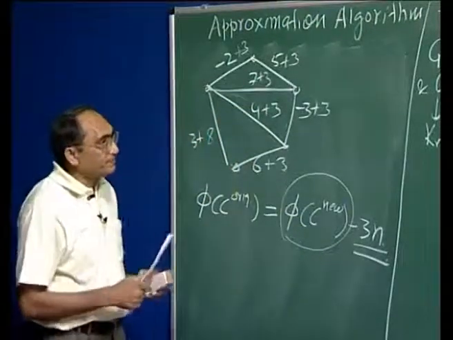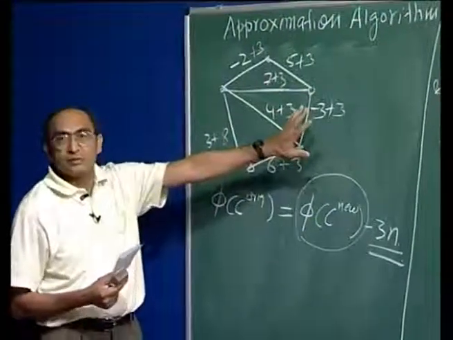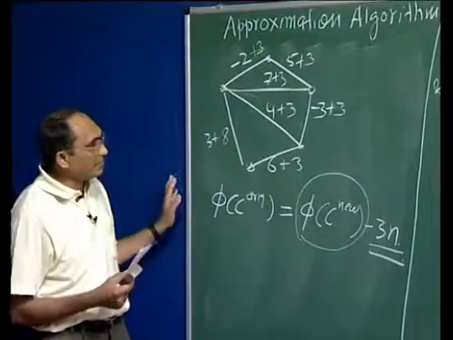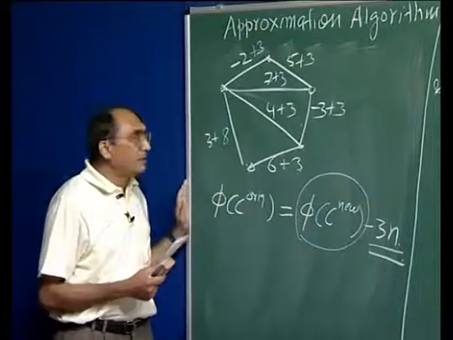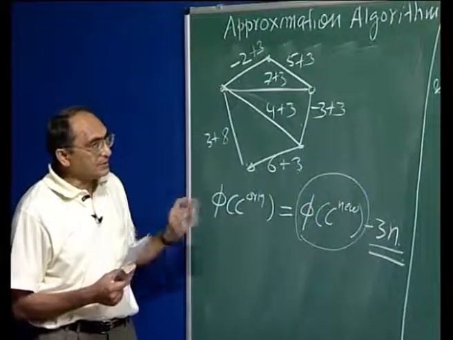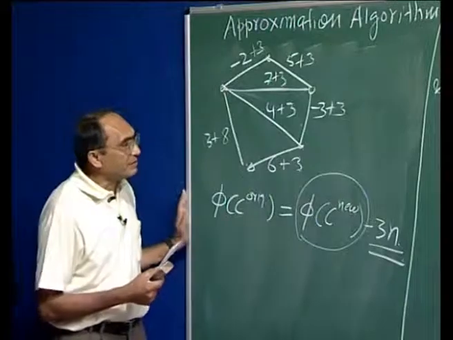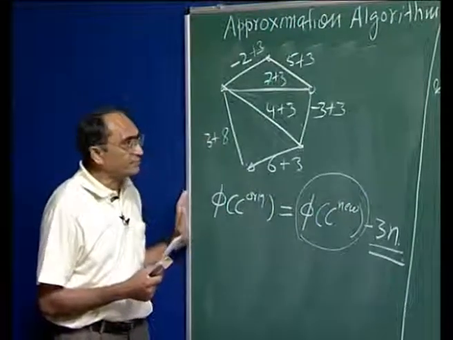Okay. So, here we have given two examples of approximation. Incidentally, both of them had constant performance ratio. We will see some other examples in the following two lectures. Okay.